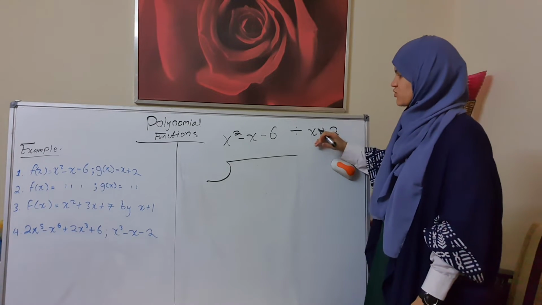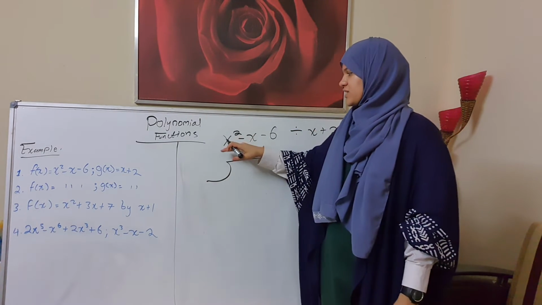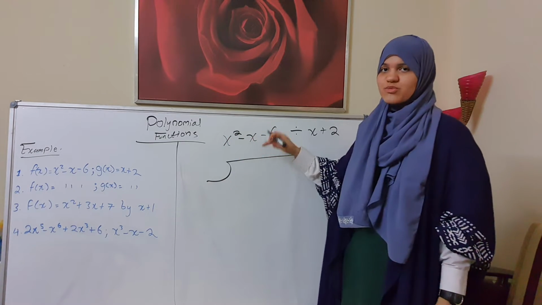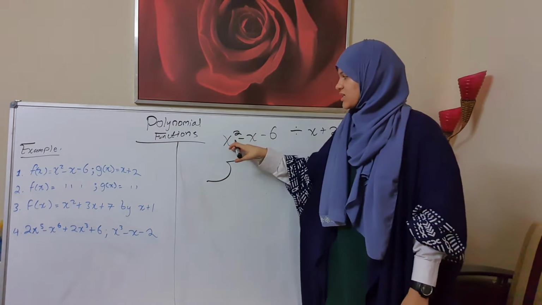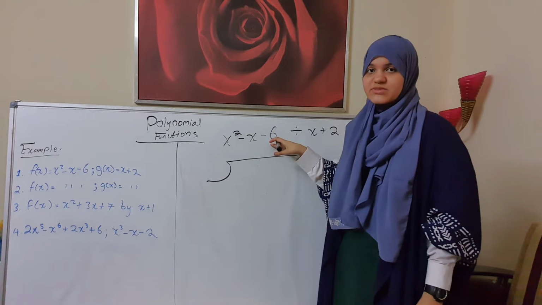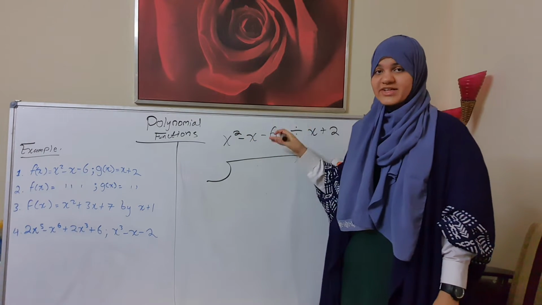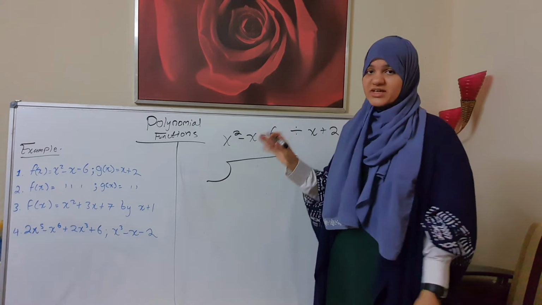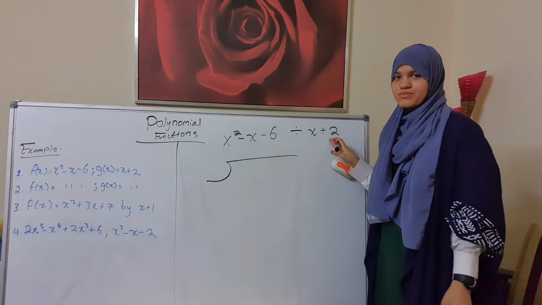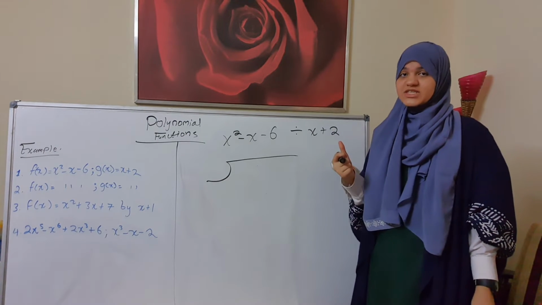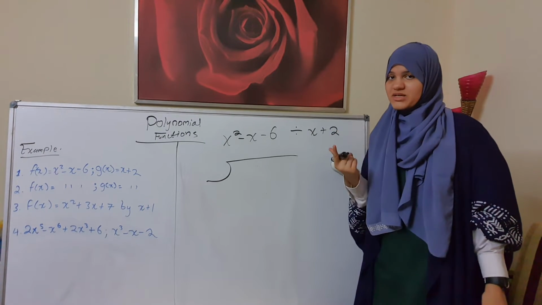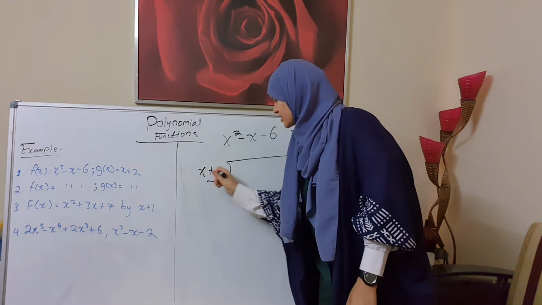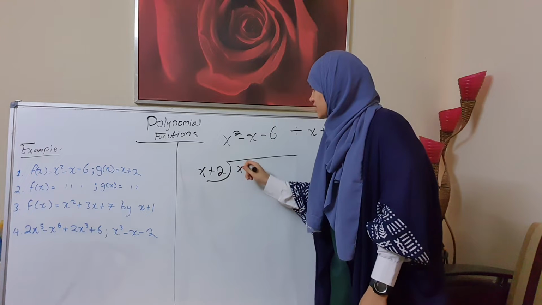So x plus 2 goes outside, and x squared minus x minus 6, which is f of x, goes inside. They are the dividend, and the divisor is x plus 2. We need to find the quotient and the remainder. So we put the divisor, x plus 2, outside and the dividend inside.